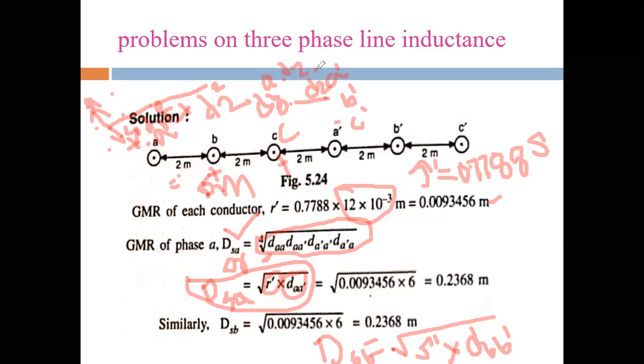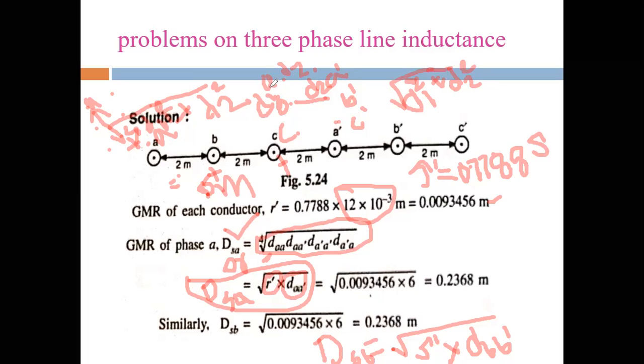What is the distance between A dash to B in this case? A dash to B or A to B dash is the square root of D1 square plus D2 square.